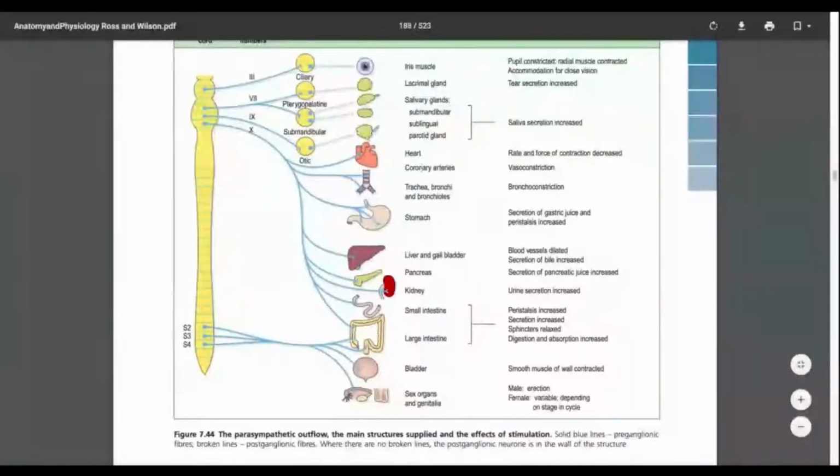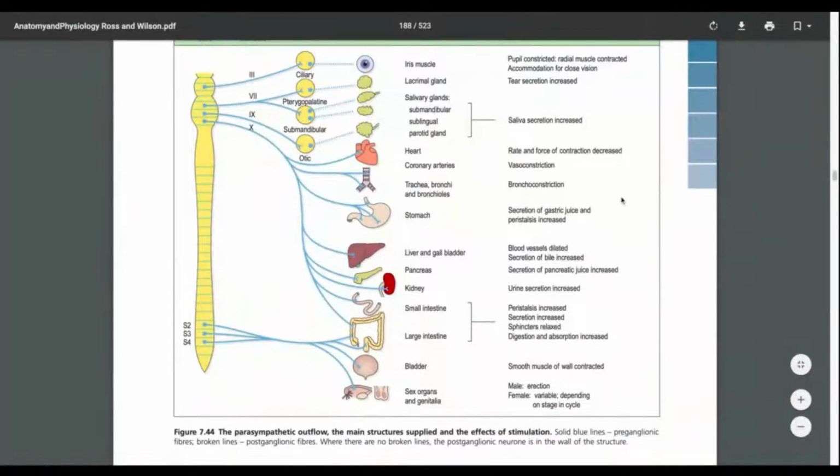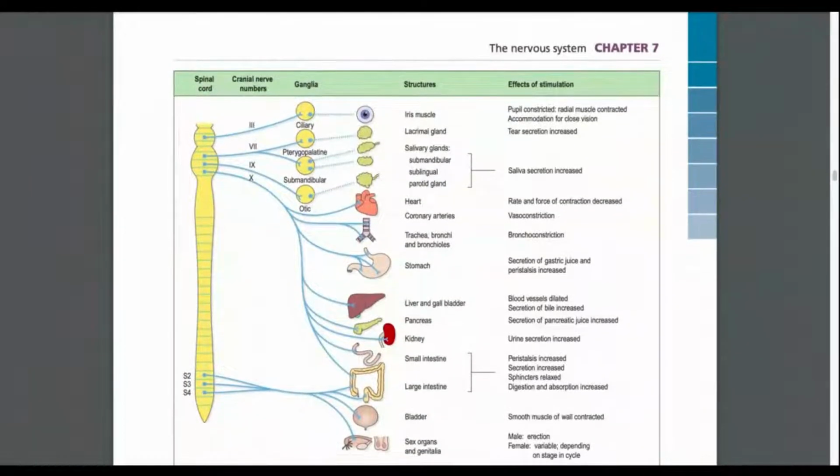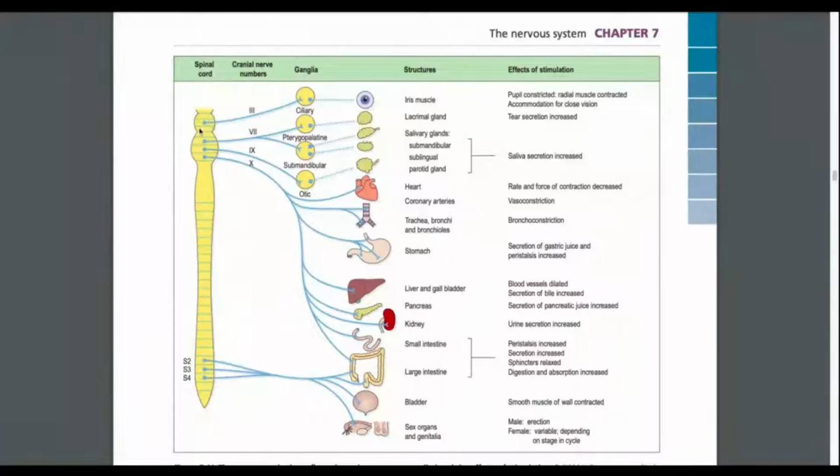What you see here is the parasympathetic nerve distribution. The third, seventh, ninth, and 10th cranial nerves and sacral 2, 3, 4 nerves are parasympathetic nerves. The third cranial nerve is forming the ciliary ganglion in the oculomotor nerve.